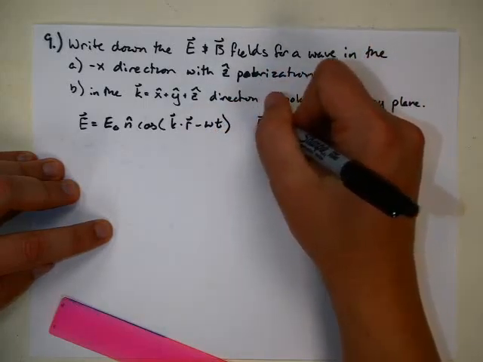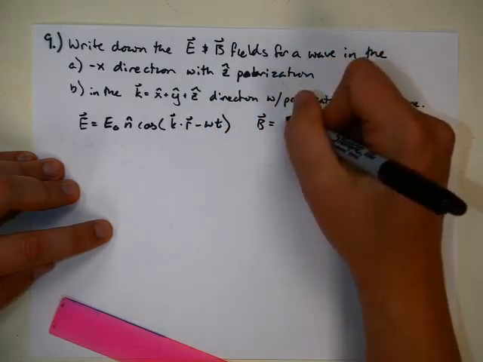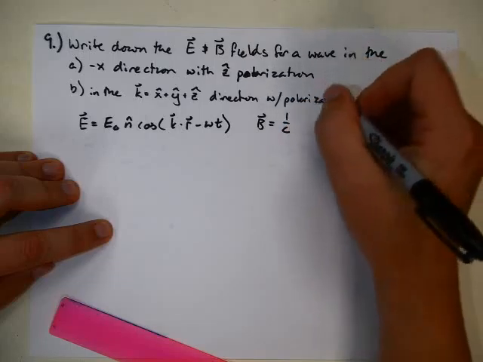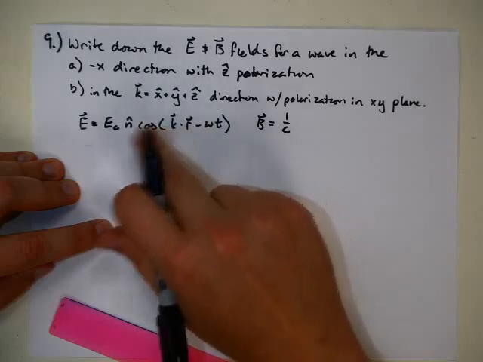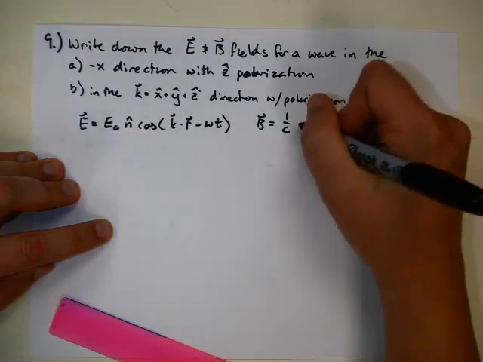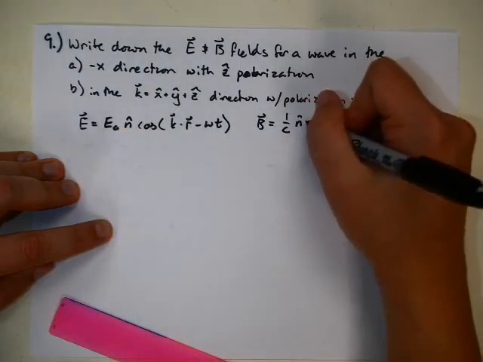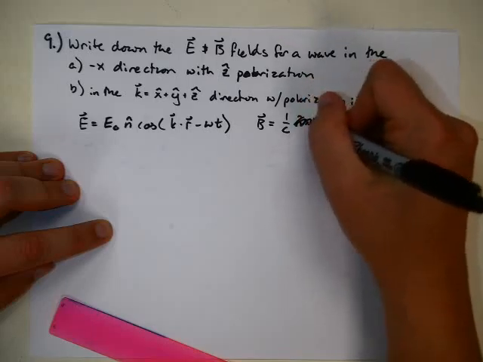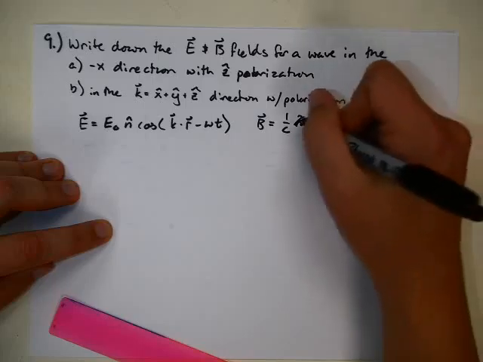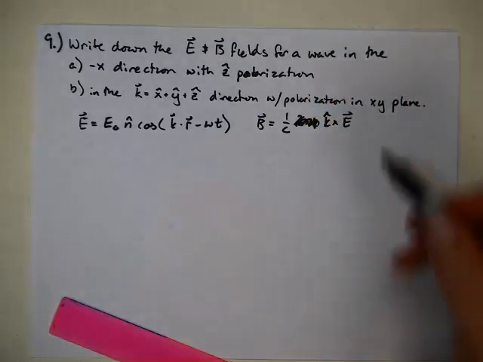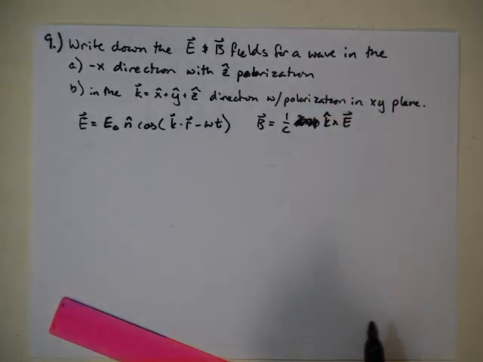And the B field is 1 over c, and then it is perpendicular to the E field and the direction of travel, and so k hat cross E, like that. And so that's the B field, and that is the E field that we will be writing down.